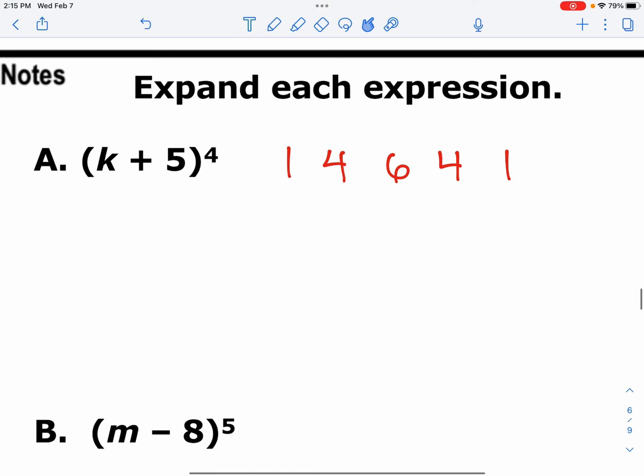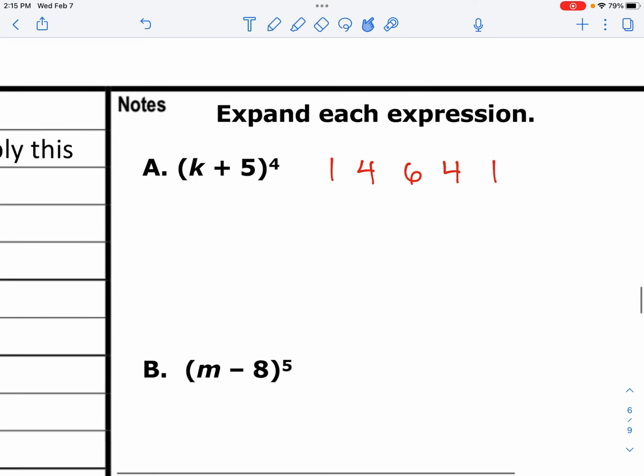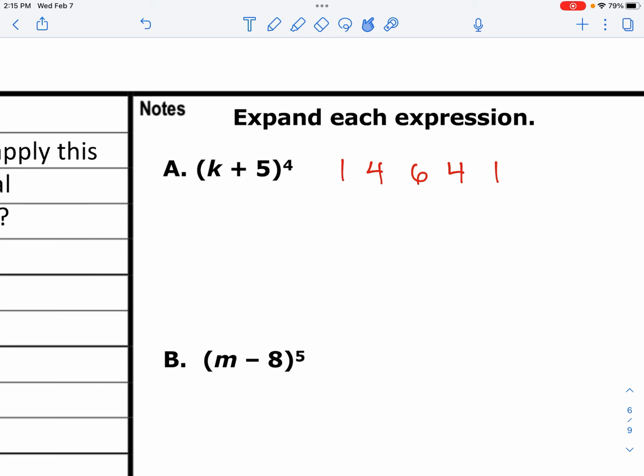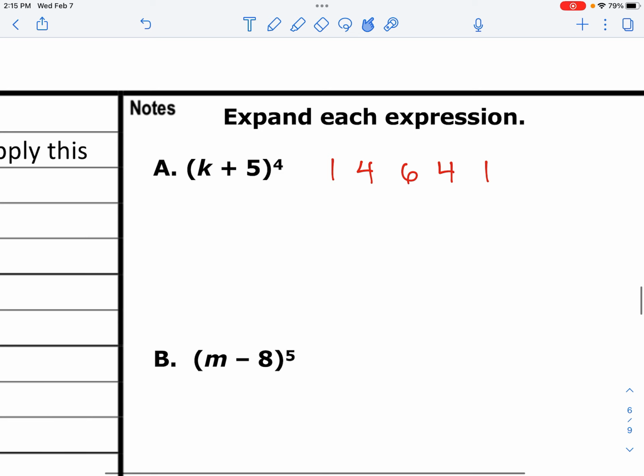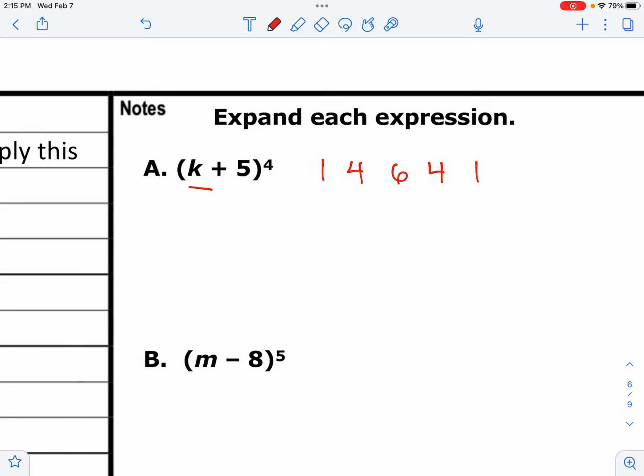Okay, now I have that written there. So I'm going to put those numbers in front of each term. Then next, I know that my first term should start with a power of 4 and work its way down.